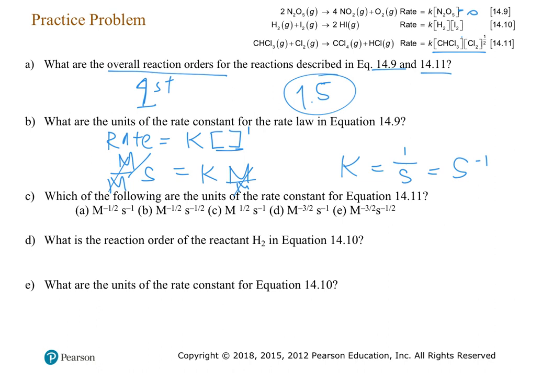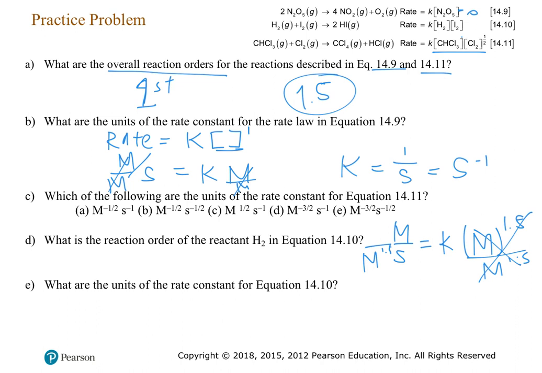For this next one, we're going to still have rate, molar per second, K, and then the overall order was 1 and 1/2, so we could do 1.5 or 3/2. Let's do 1.5. So we're going to divide by molar to the 1.5 on both sides.